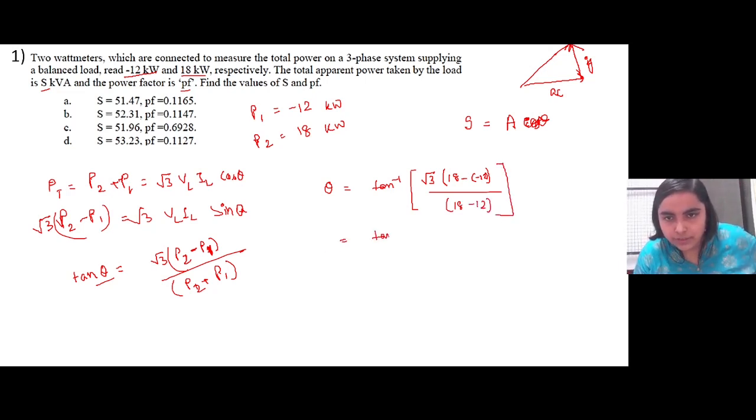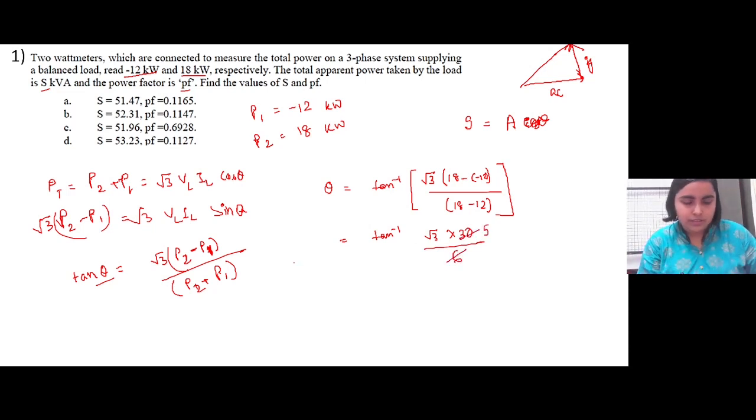So tan inverse of root 3 times 30 by 6, which is 5 root 3. Let's just calculate it: tan inverse of 5 root 3 is 83.41 degrees. Okay, yeah, 83.41.